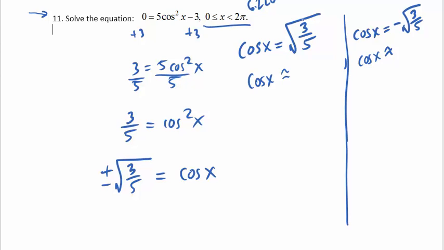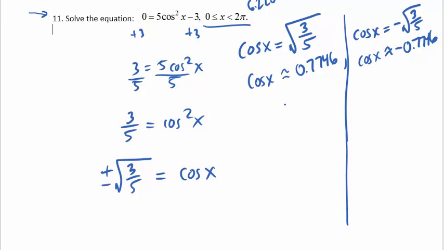So 3 divided by 5, we're going to take the square root of that. This one is 0.7746, and this would be negative 0.7746. I think this is just going to help, again, find all the locations on our unit circle.